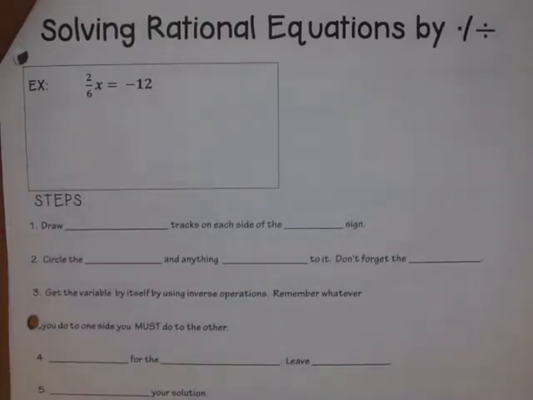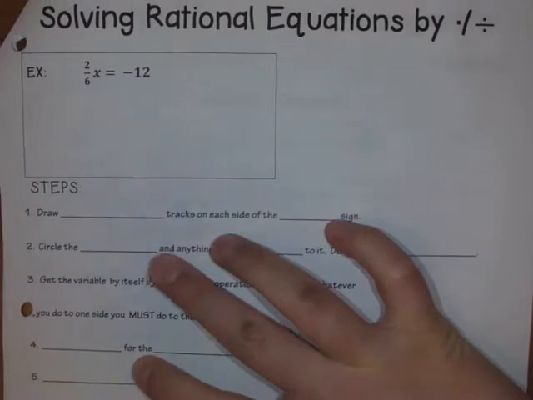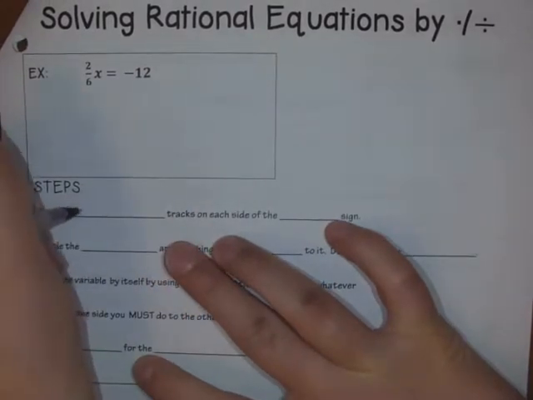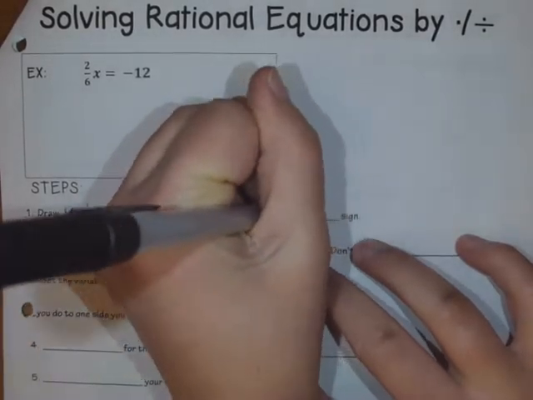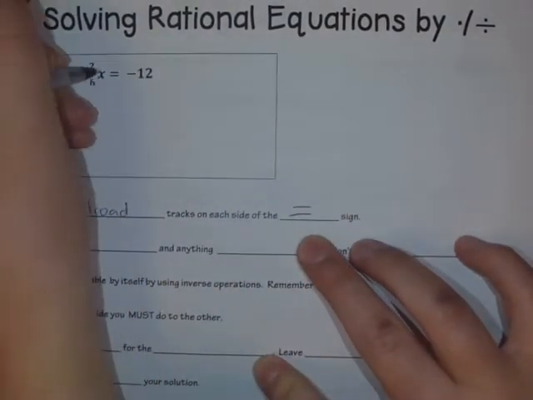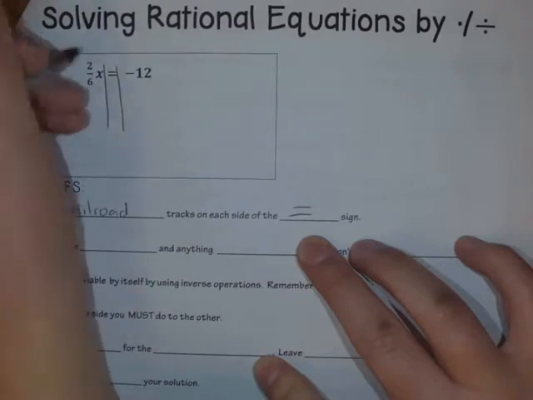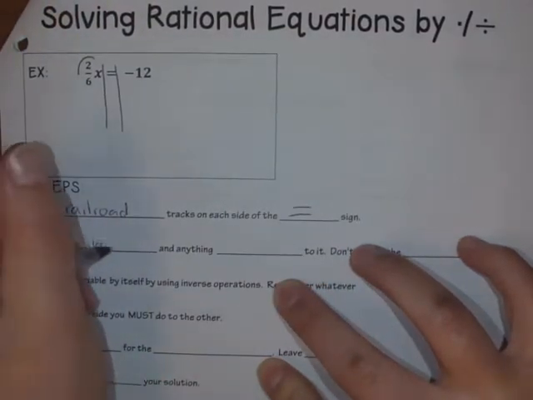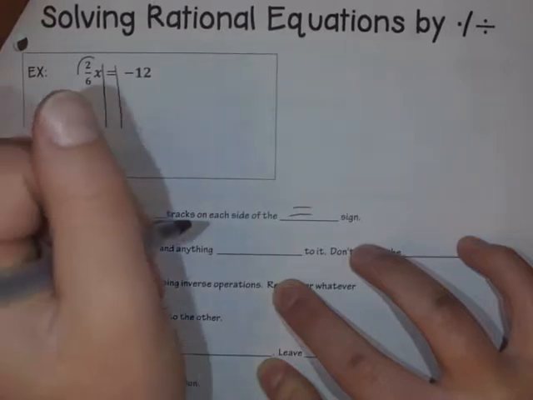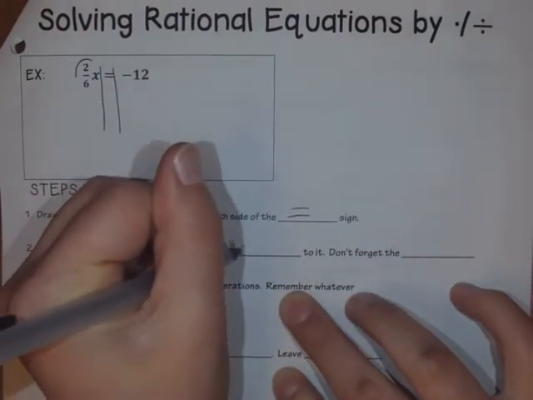Okay, so now the steps are the same as what we've done on every other equations notes. First step is to draw railroad tracks on either side of the equal sign. Okay, and with that, circle the variable and anything attached to it.